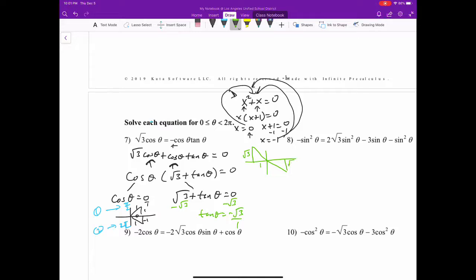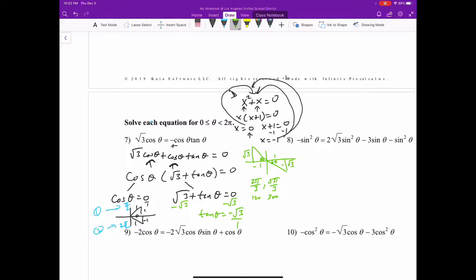And a couple of these guys are negative. So we know this is a 60-degree angle because those square roots of 3 are next to 1. And our final answer is 2 pi over 3, as well as 5 pi over 3, because this is 300 and this is 120.